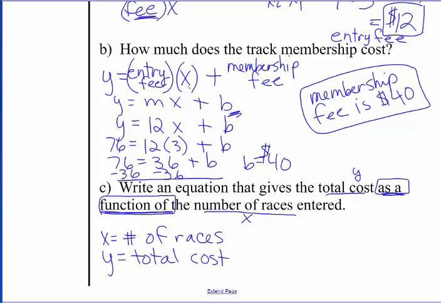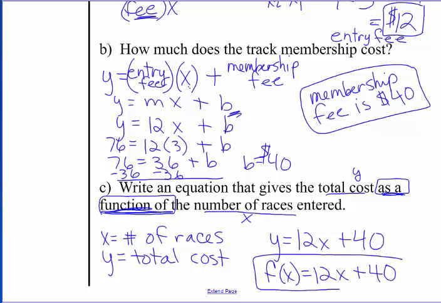And we have all the information from parts A and B that we need to write our final equation. Y equals 12x plus 40. Now it also talked about function notation, as a function of, so we could rewrite this in function notation. F of x equals 12x plus 40. Okay?